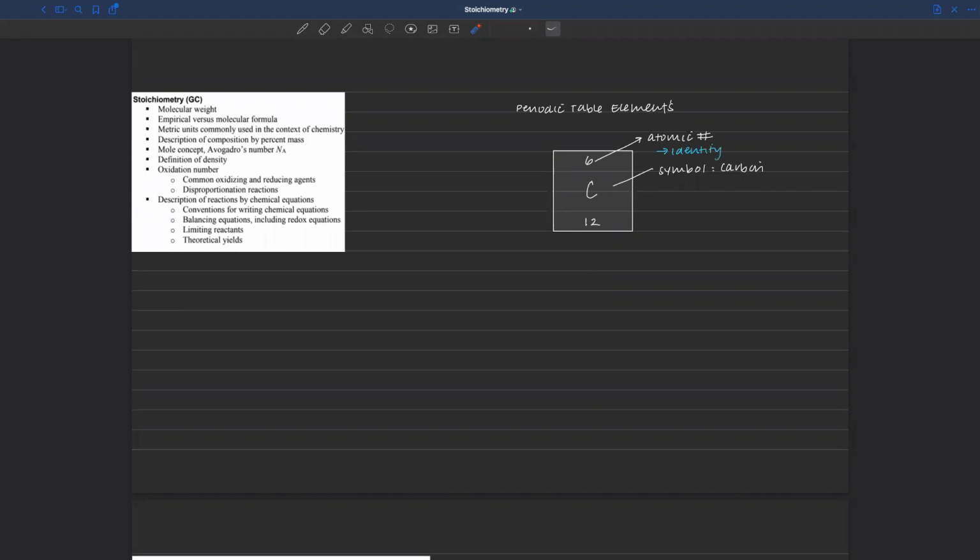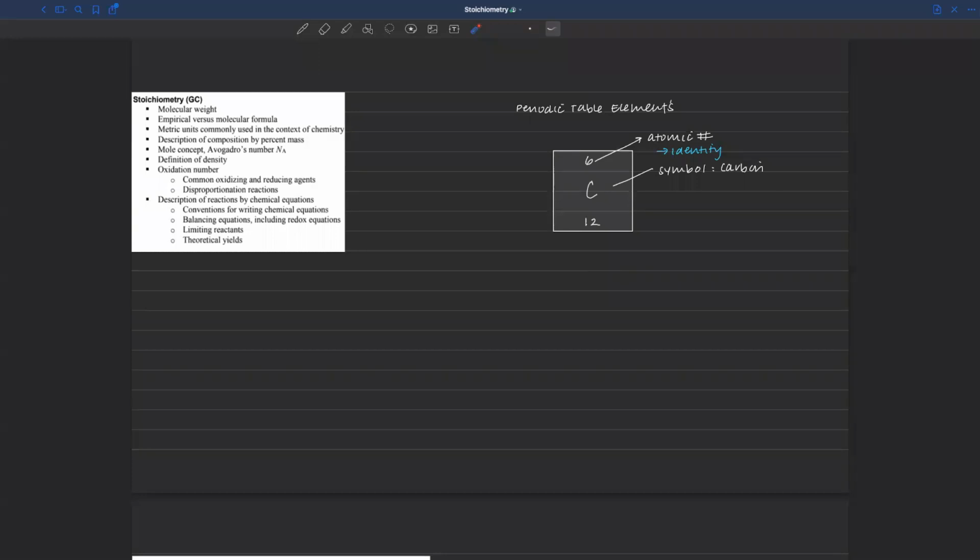And what I mean by identity is a lot of the properties that an element has, such as its boiling point, its melting point, things of that sort, those are all due to this atomic number. So if you change the atomic number, you change the properties of that element. So just keep that in mind.